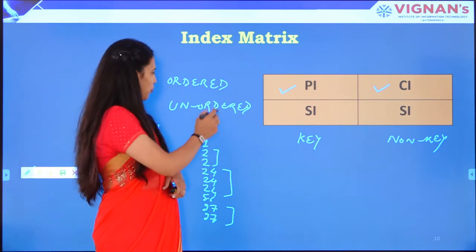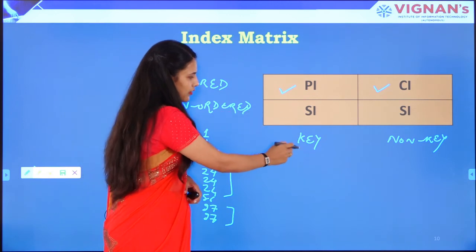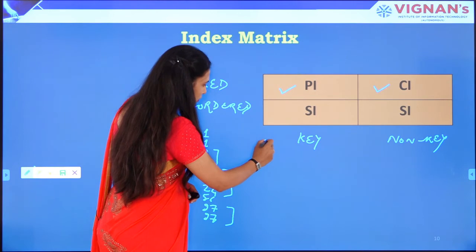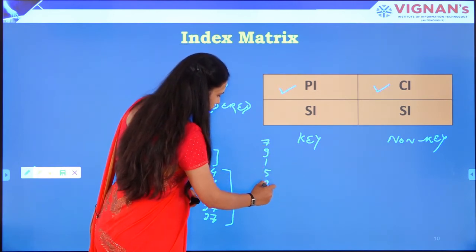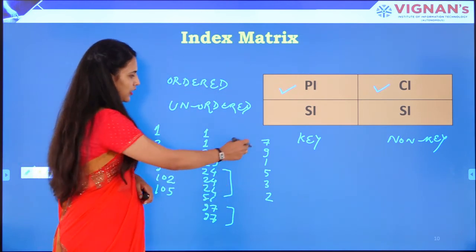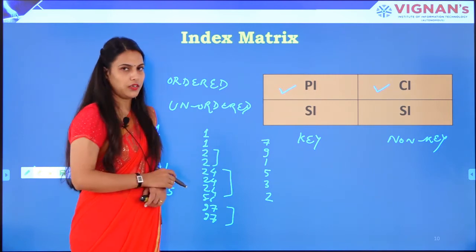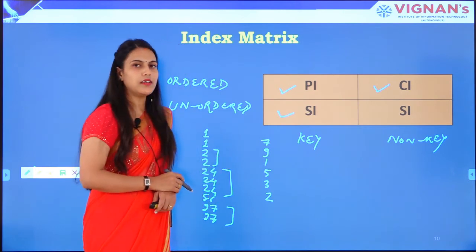Okay. Now, next, if the data is unordered but it is having key values, for example, 7, 9, 1, 5, 3, 2. So in this situation, you see the data is not in order, but the values are unique. So in that situation, we will use secondary index.